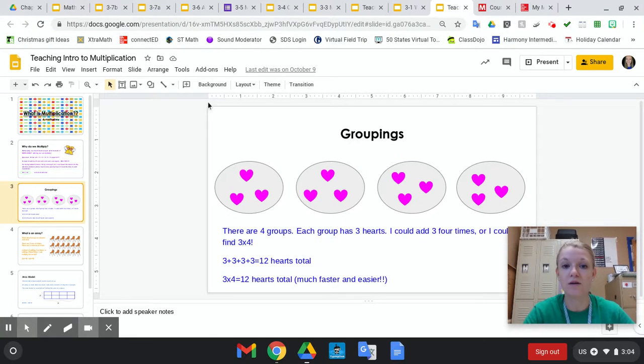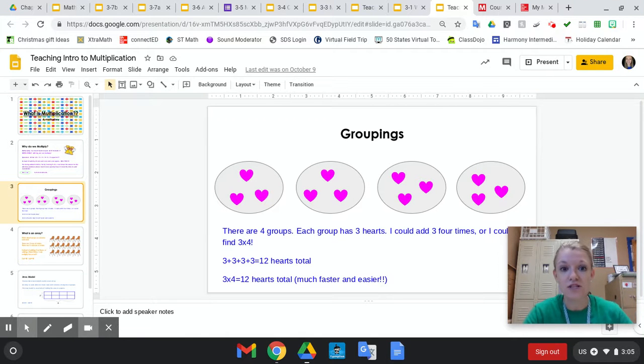We can also think about multiplication in terms of groupings. So if we have 4 groups and there's 3 things in each group, we can say, well, 4 times 3 is 12. And we can figure out 4 times 3 by drawing groupings, if that's a way that helps us to figure that out. So you can draw 4 groups, put 3 in each group, and count how many are there.